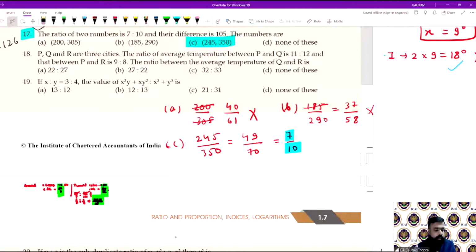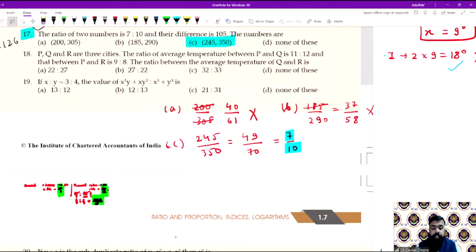Okay, then the next thing, somebody is asking about question number 18. Yes, Tejas is asking 18, Bhushan 18, Akshata 18.